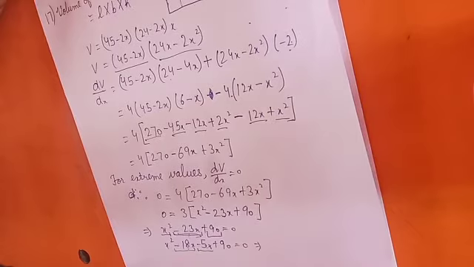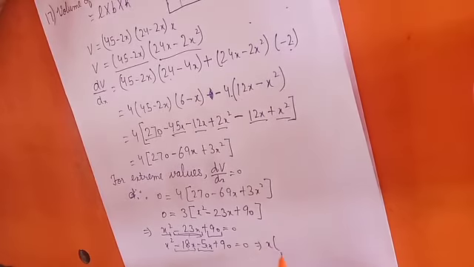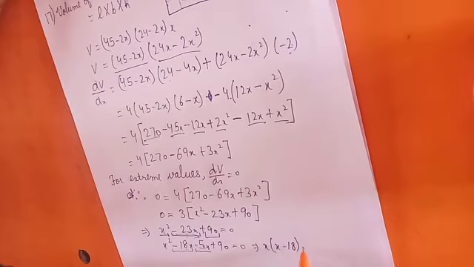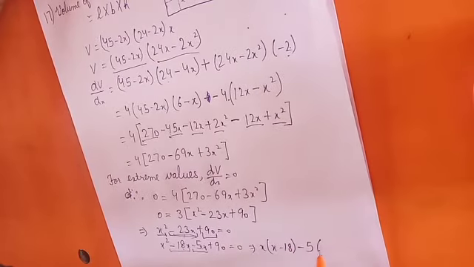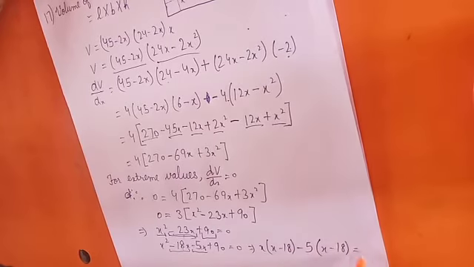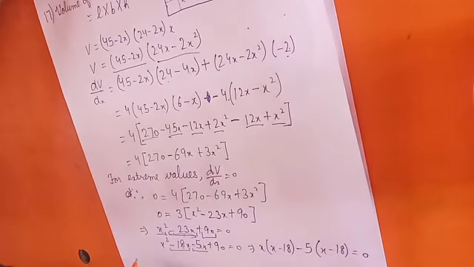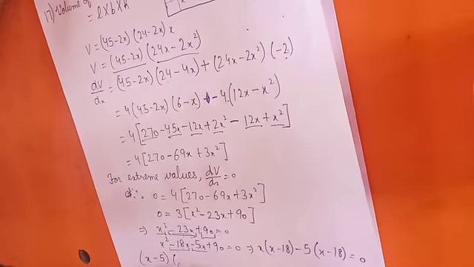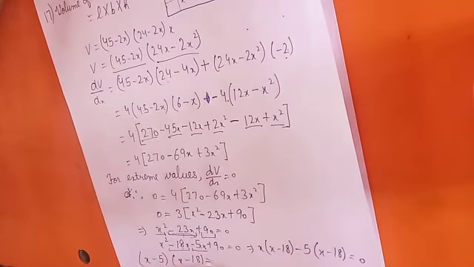So from here I can take x common, that will be x minus 18 here, and minus 5 common, x minus 18, this is equal to 0. Now from here I get x minus 5 into x minus 18 equal to 0.